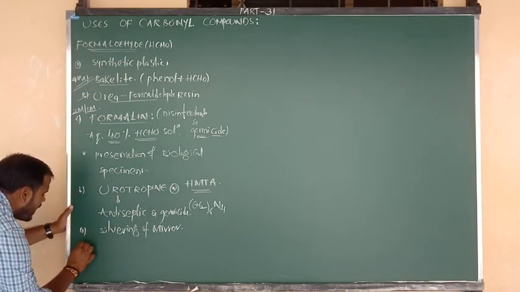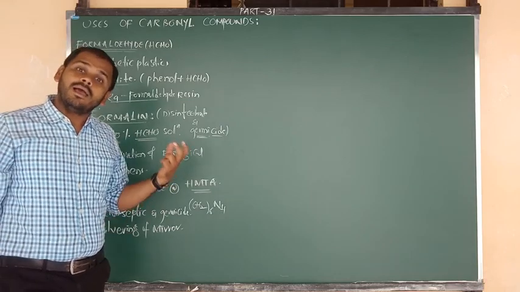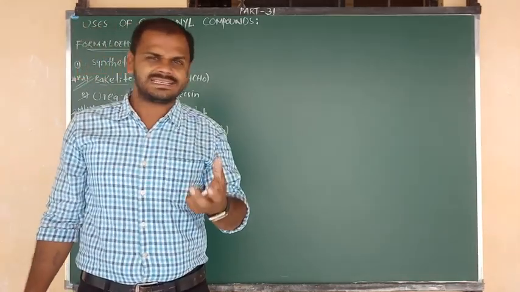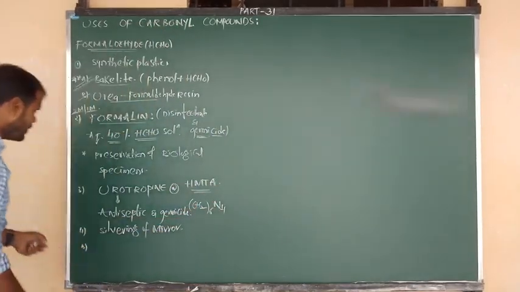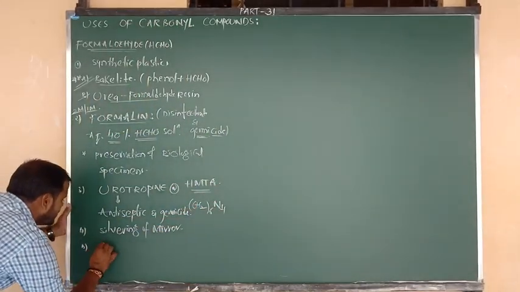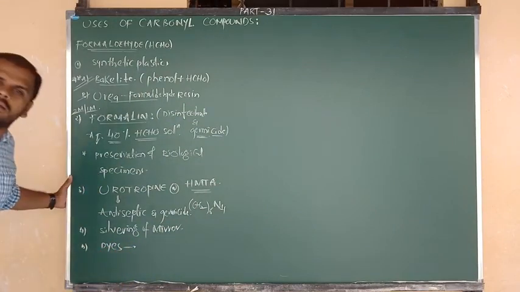Okay, next one I am going to tell you. Formaldehyde can be used in the manufacturing of dyes, that is, coloring substances. It can be used in the manufacturing of synthetic dyes, that is, artificial colored substances.